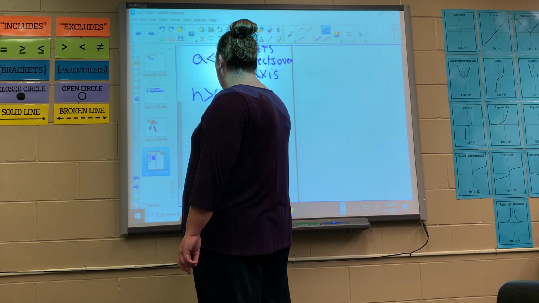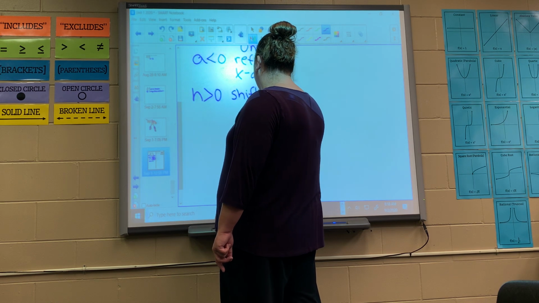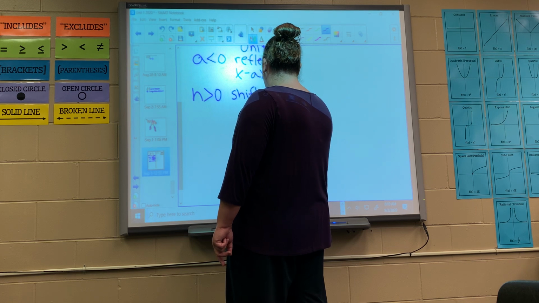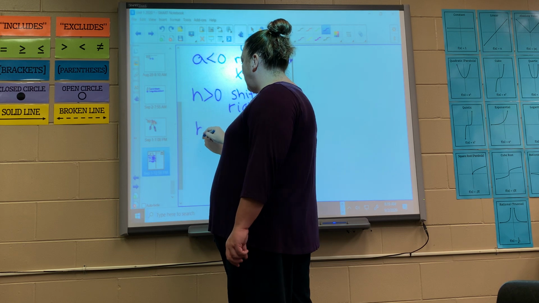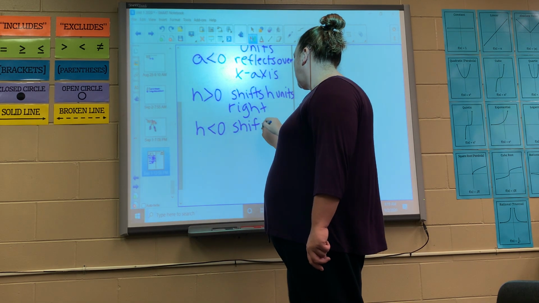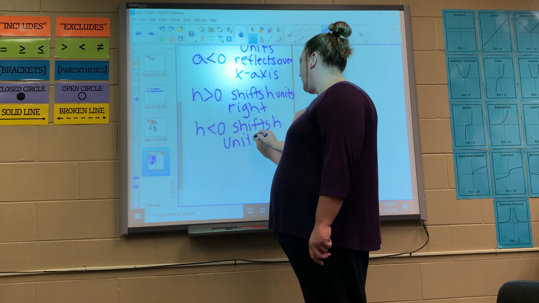When H is greater than 0, it shifts H units right. And when H is less than 0, it shifts H units left.